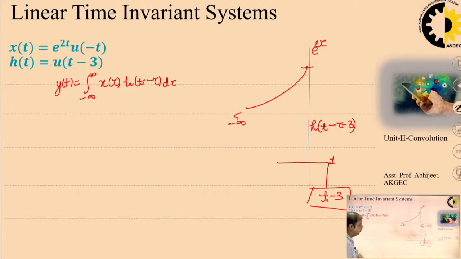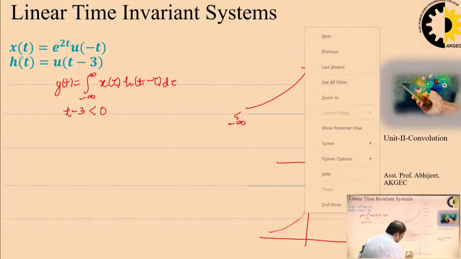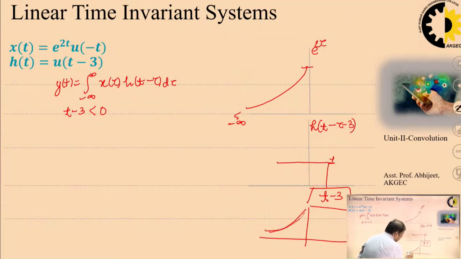So if t minus 3 is to the left of 0, so this point is here, then you can understand that this shall remain like this. The integration will remain like this, because it will be multiplied by like this up to t minus 3. So which means to say that the overlapped area will be something like this.